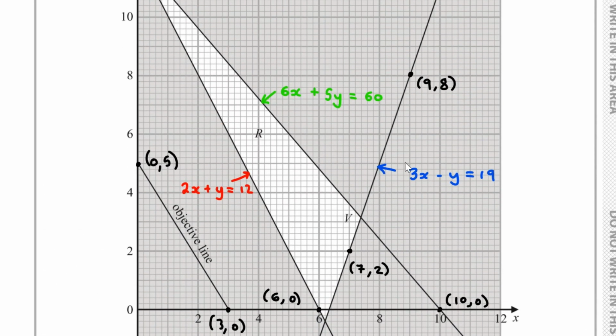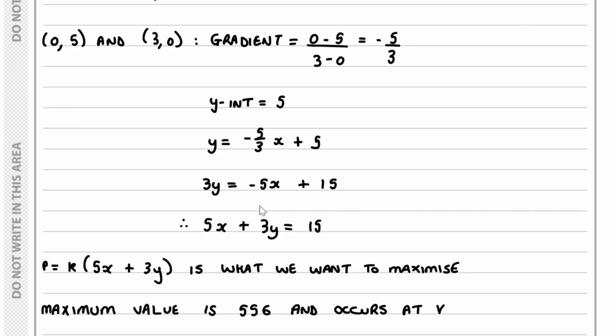Now, here, remember the shaded region is the region we don't want. So if we consider the 2x plus y equaling 12, we want the region which is not shaded, so 2x plus y must be greater than or equal to 12. So that's one of them.